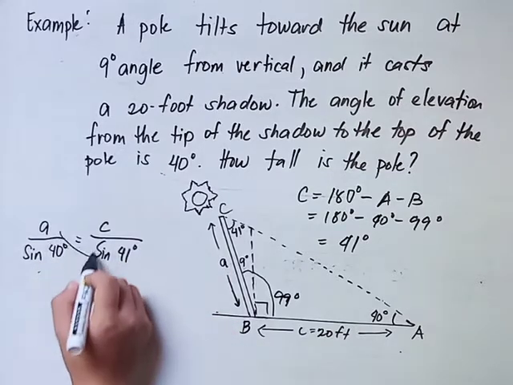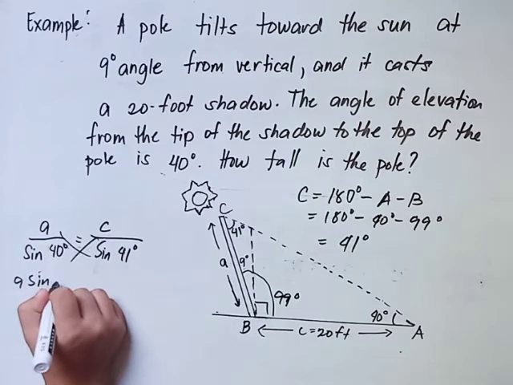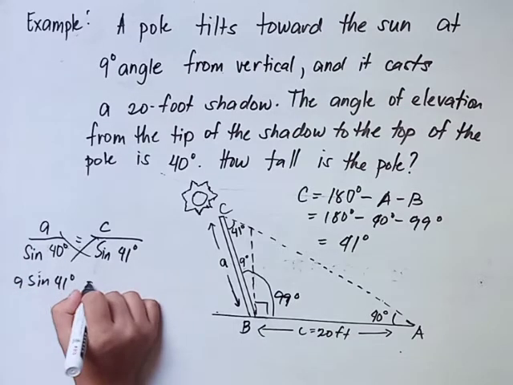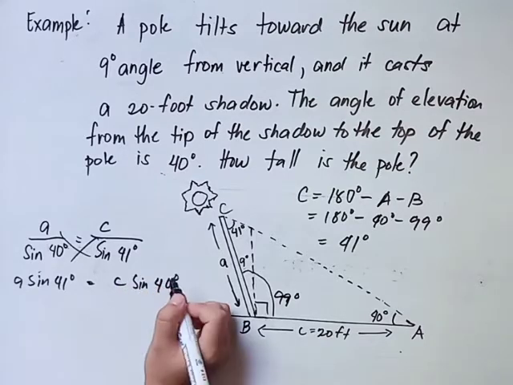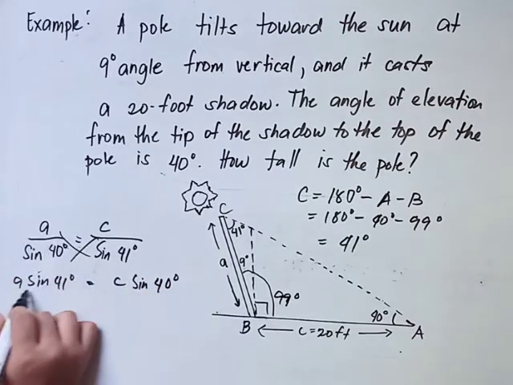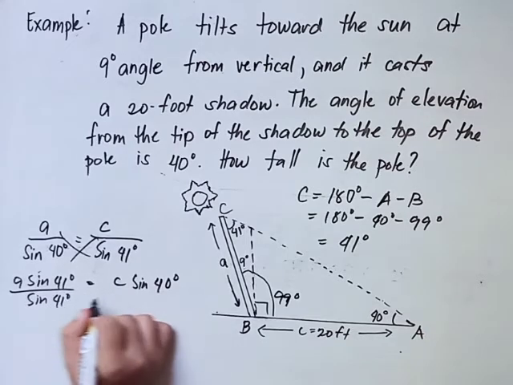So cross multiply: A sine 41 degrees is equal to C sine 40 degrees.